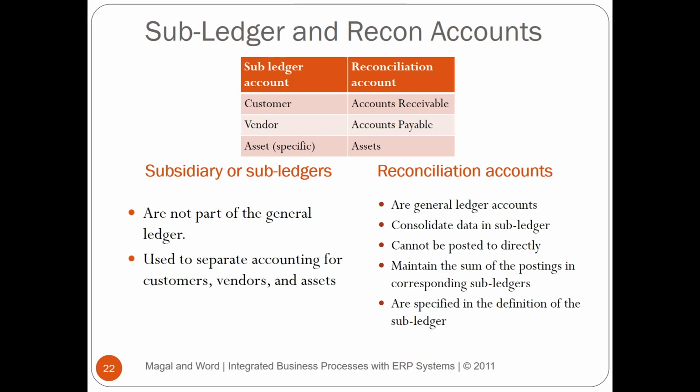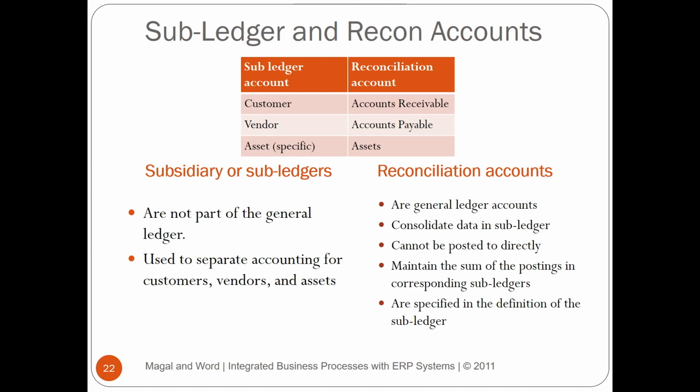Similarly, the data about each vendor and asset, such as an automobile, are maintained in separate accounts. The vendor accounts track purchases from and payments made to them. Asset accounts are used to track the purchase price as well as decreases in the asset's value over time.